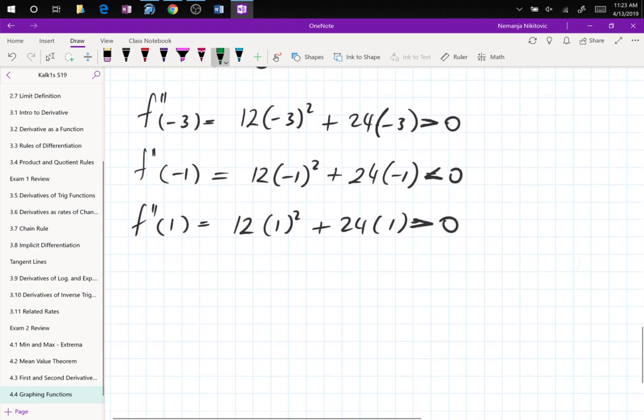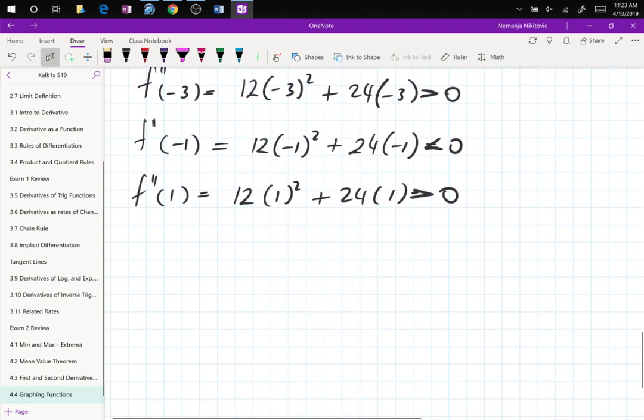Now I have a lot of stuff here, so I'm going to attempt graphing. And if I fail, I'm going to calculate additional points. I didn't calculate the y value for my minimum at negative 3. So I need to calculate f of negative 3.